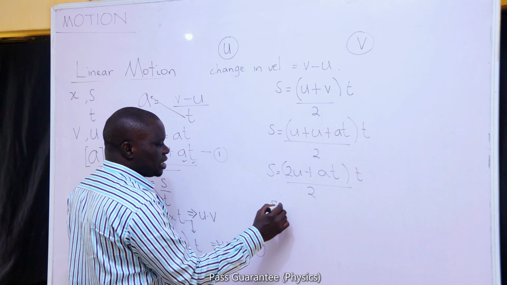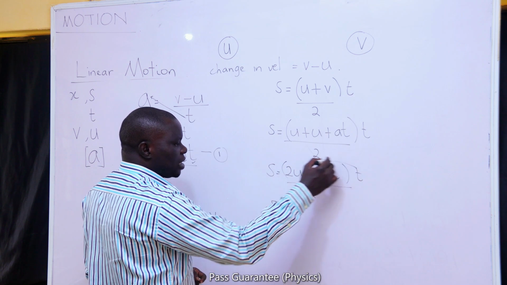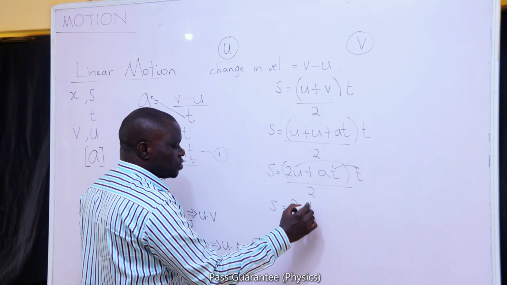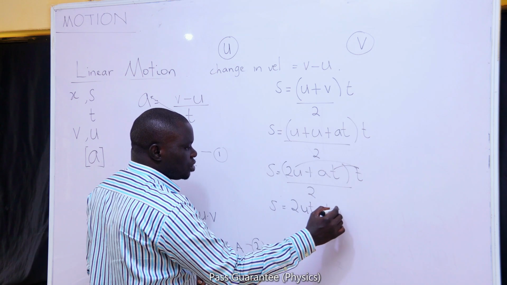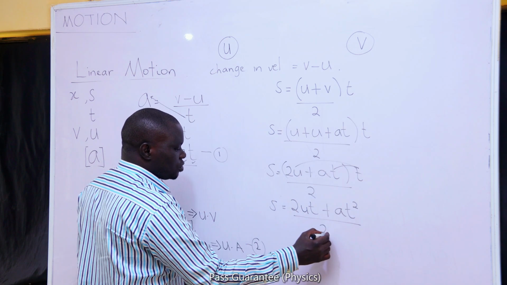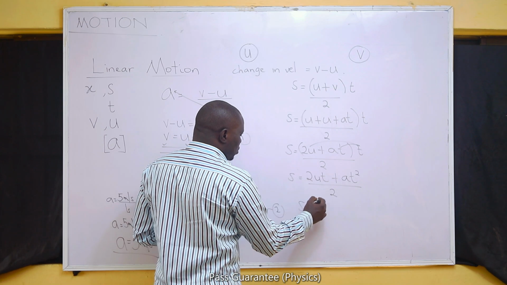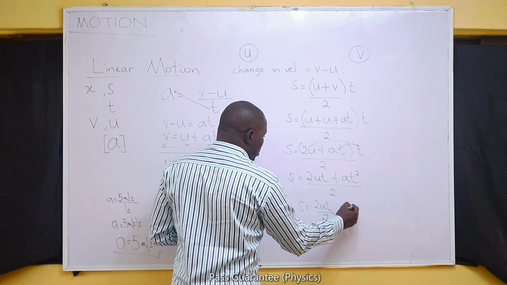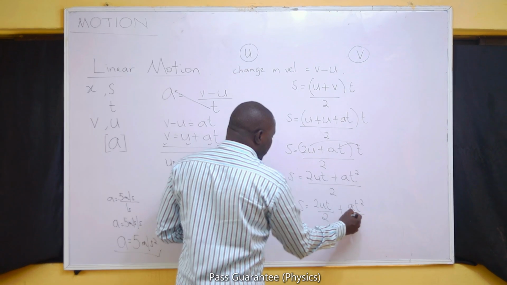So that becomes s is equal to, if I open this bracket, I will have 2ut plus at squared all over 2. If I decide to split it, I will have 2ut all over 2 plus at squared all over 2.